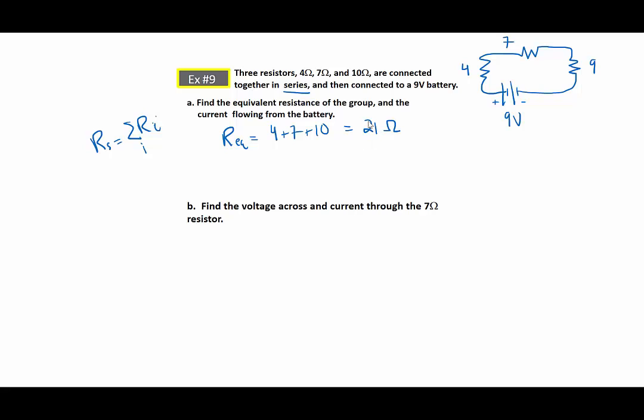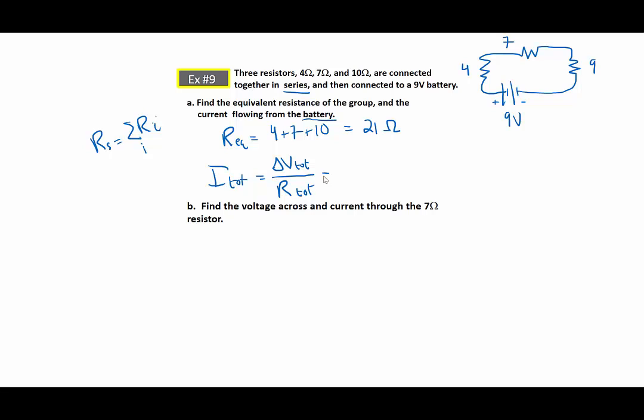So the second question says find the current flowing from the battery. Okay, from the battery means the total going in and out. So to find the total going in and out, I need to know the total voltage provided across the circuit, and I need to know the total resistance or opposition to flow in the circuit.